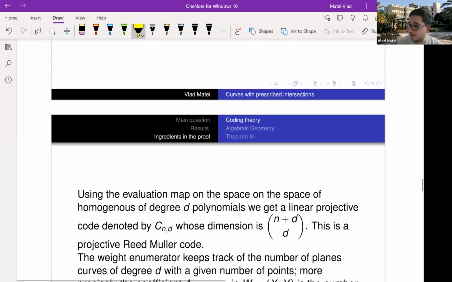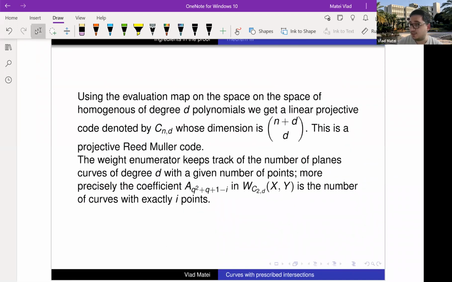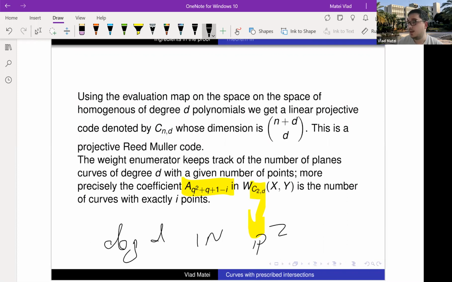And what this has to do with our problem is that, for example, the weight enumerator is going to give you, if you're doing curves of degree D in P2, this coefficient is going to keep track, for example, of how many curves have exactly i points.